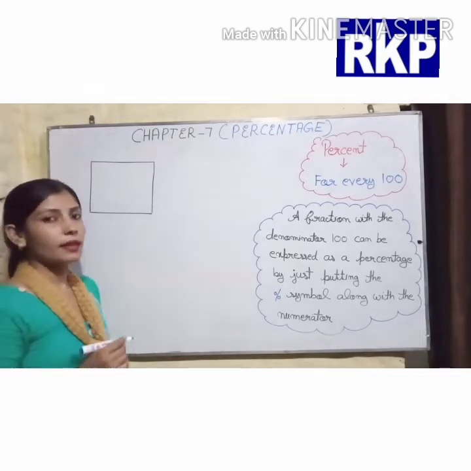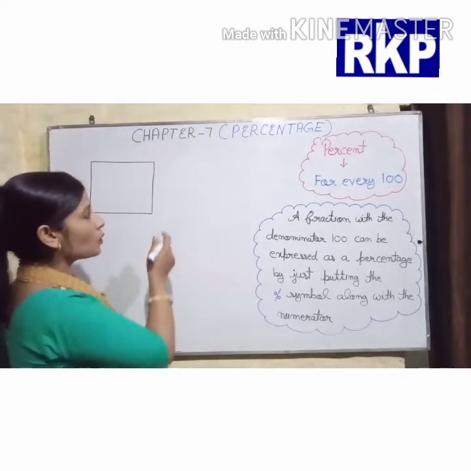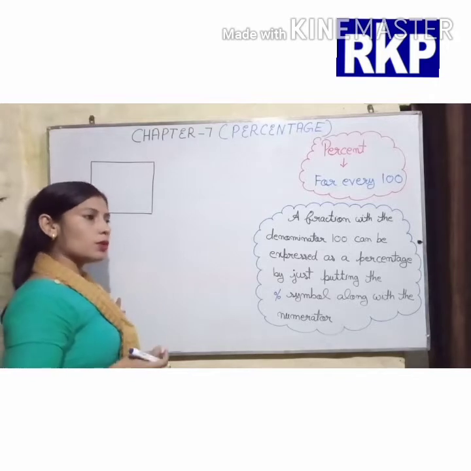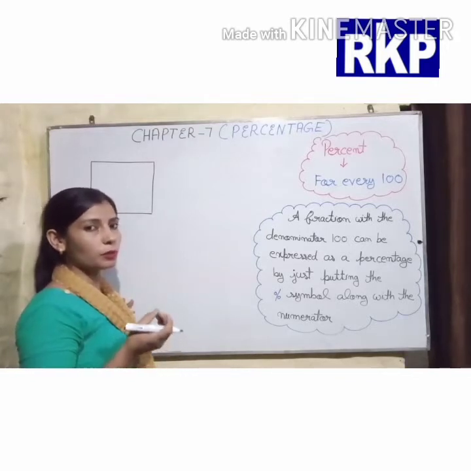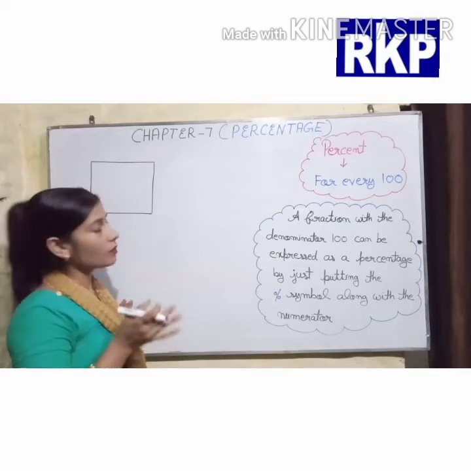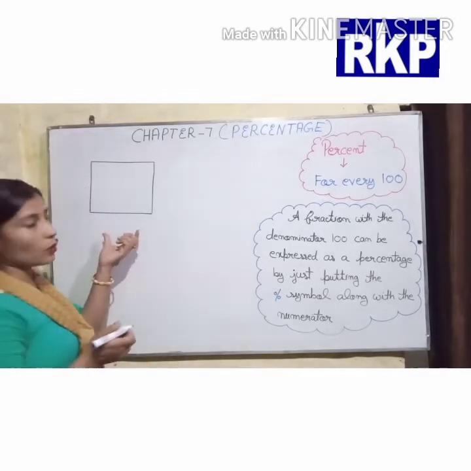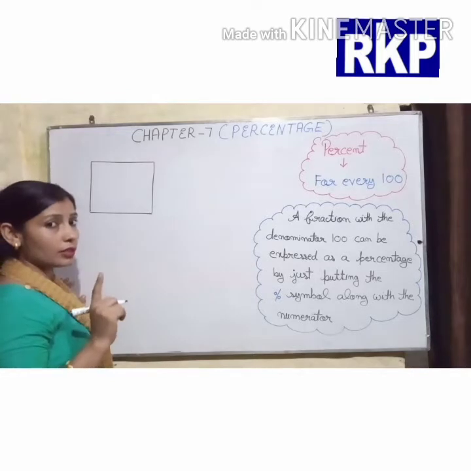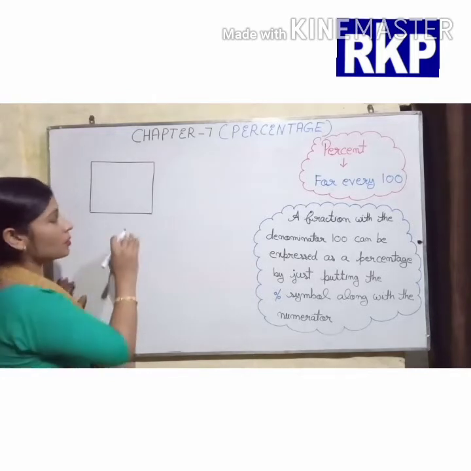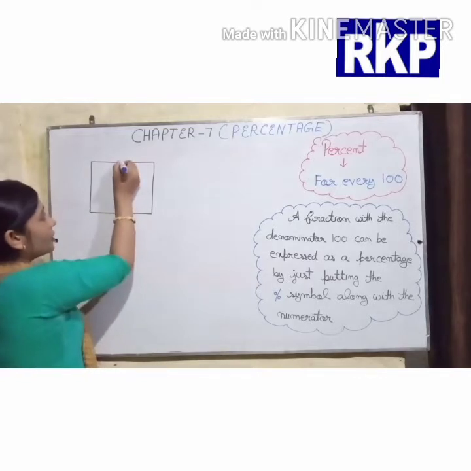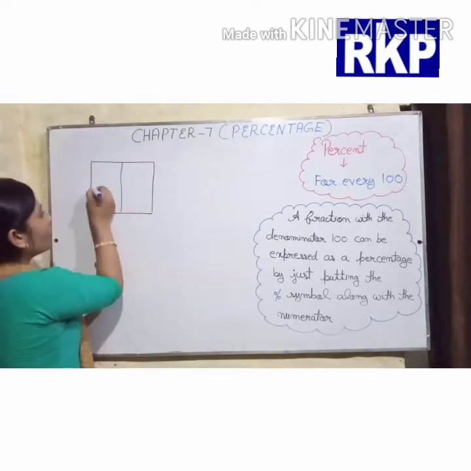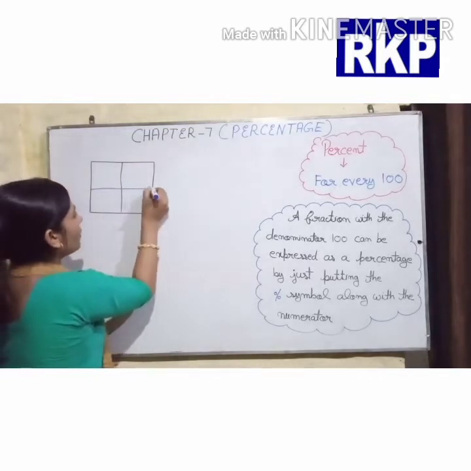Now students, let us take one example to understand it. Suppose you have a chocolate and you want to eat 1/4 part of this chocolate. So beta, I divide it into 4 equal parts.